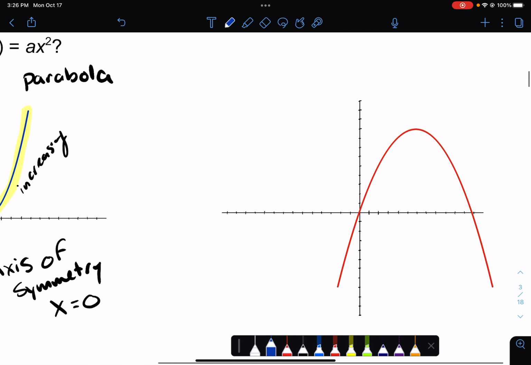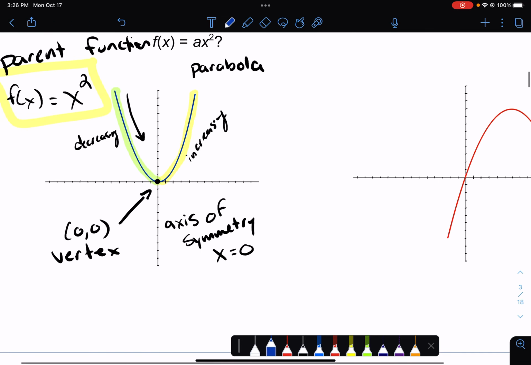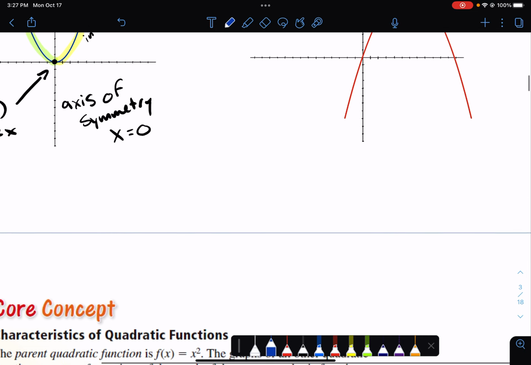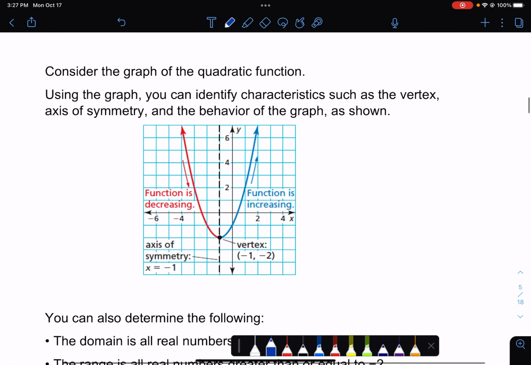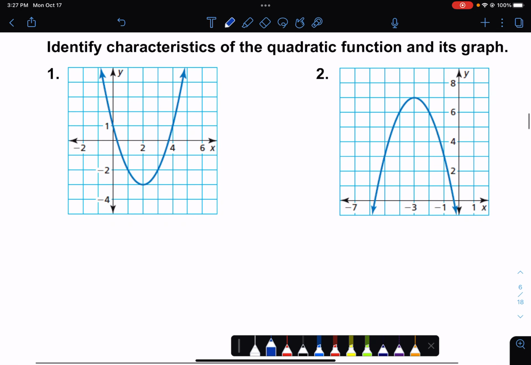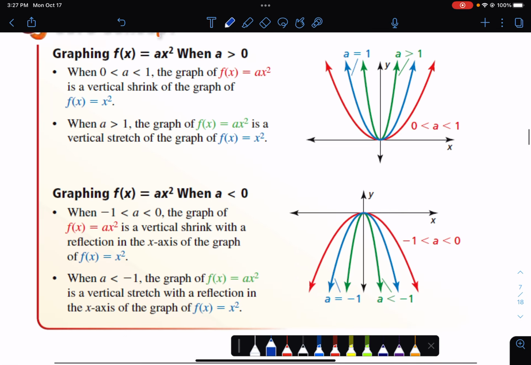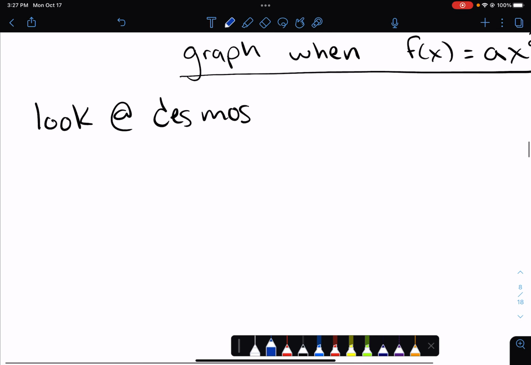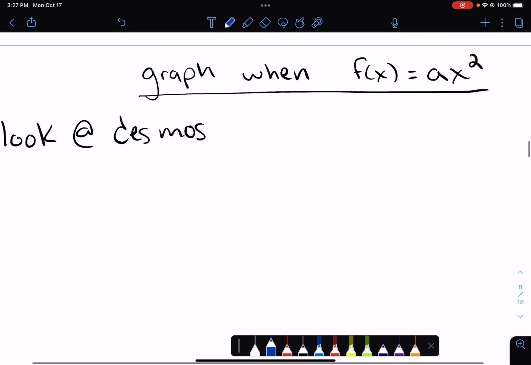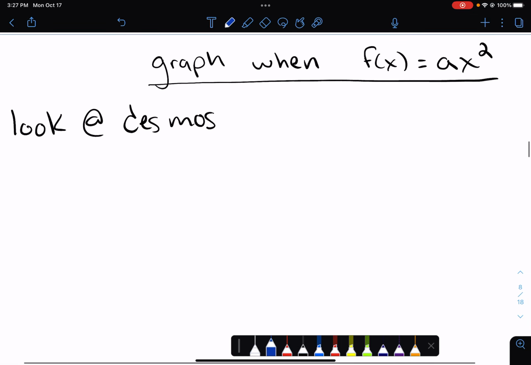So for example, what happens, let's see, let's get down to my other graphs here. We don't need to go through all that identifying. We'll do that in the classroom. But what happens, for example, if I have, instead of f of x equals x squared, something like f of x equals 3x squared?